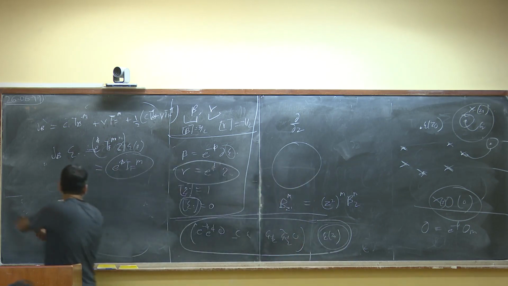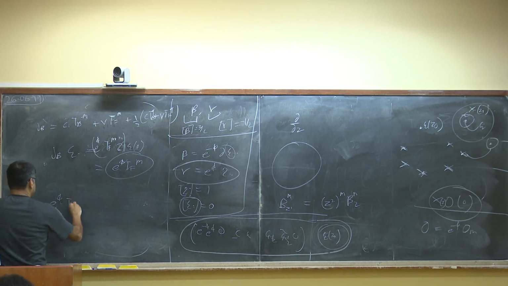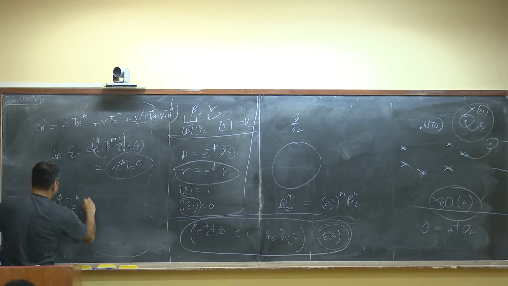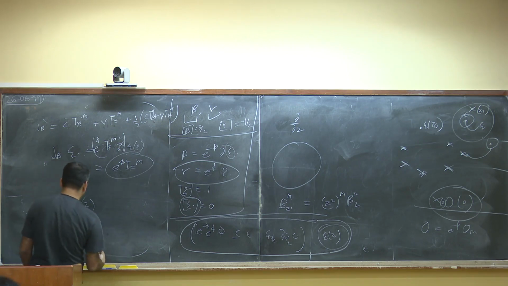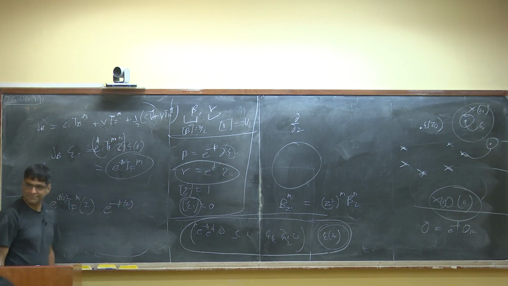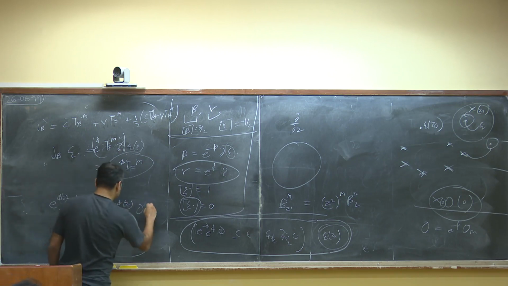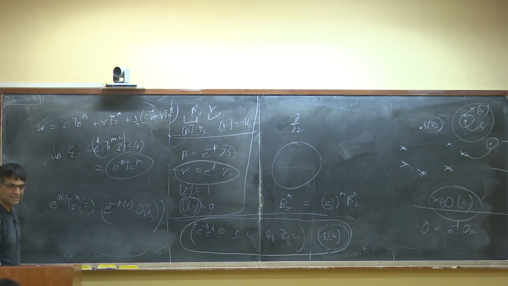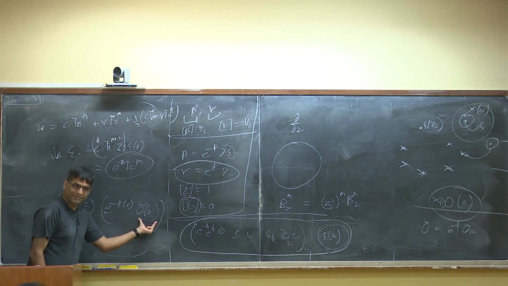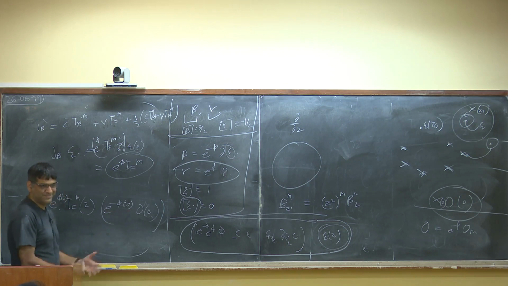So what we've got is e to the power phi times T_F^M at z, and then we want to bring it near e to the power minus phi of z times O of 0. Now, what do we get? This part knows only about the matter, this part knows only about the phi, so they decouple from each other.